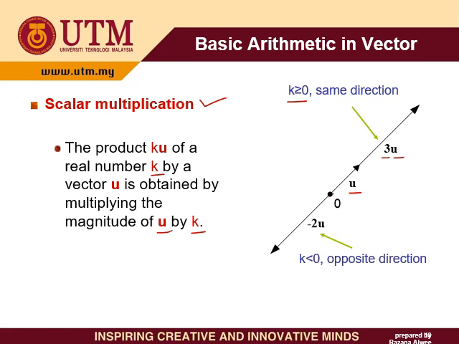And in the opposite direction, with k less than 0, we have negative, of course, so negative 2 multiplied by u. So this is our u, and this is the k if more than 0, which is 1, 2, 3, 4 over here, and then if it is the opposite direction, we add negative to that.